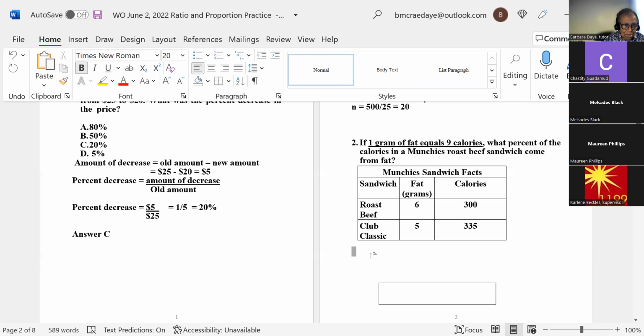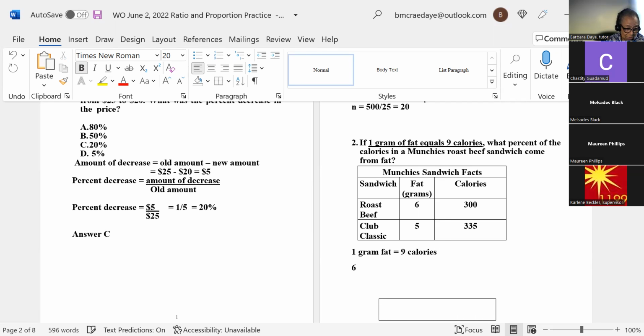So let's just put here 1 gram of fat equals 9 calories. I'll just put just what I underlined, right? Yes. So now ask yourself, and now this is just math.